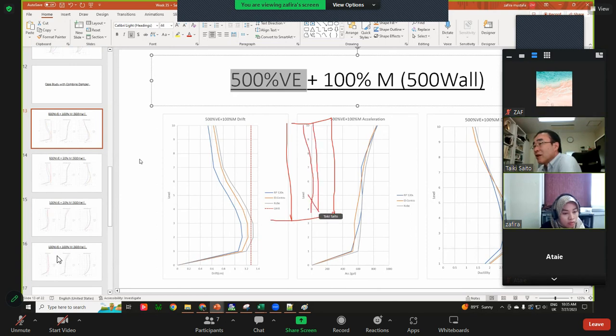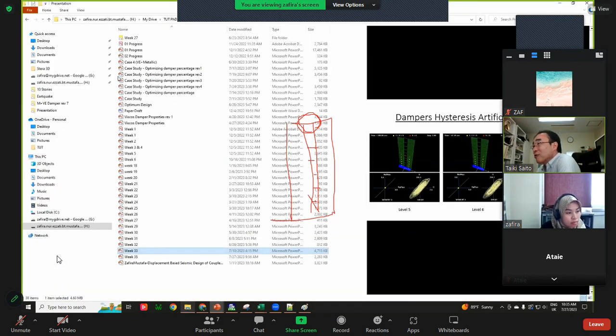I mean around here. No damper in the lower part, only steel beam. Maybe. Okay. I believe the building will behave like a second mode, and the top story will be smaller.